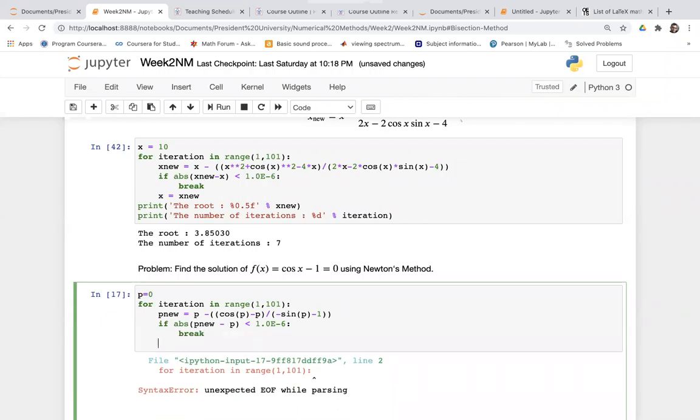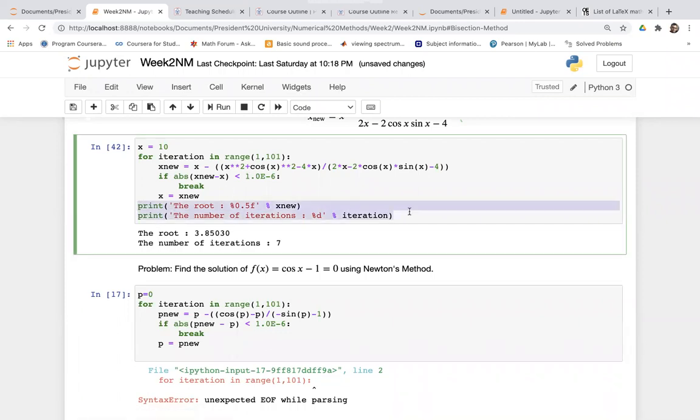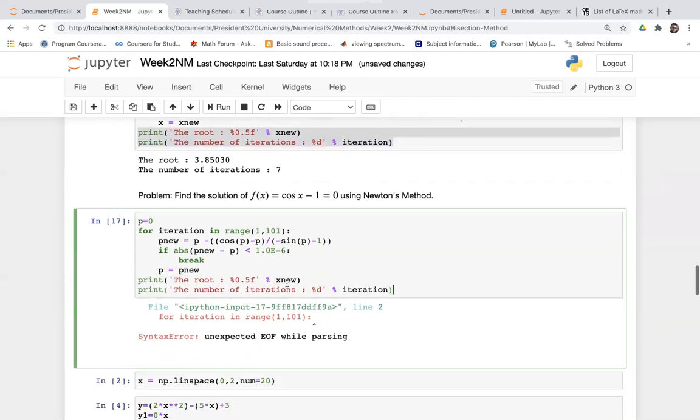And then repeat the step. Our new p is p new. Okay. And then print. I think I will copy the steps. So this is p new now. Okay, let's enter.